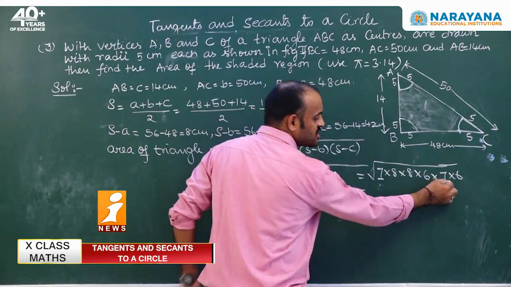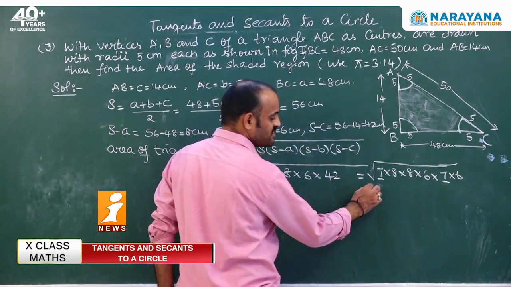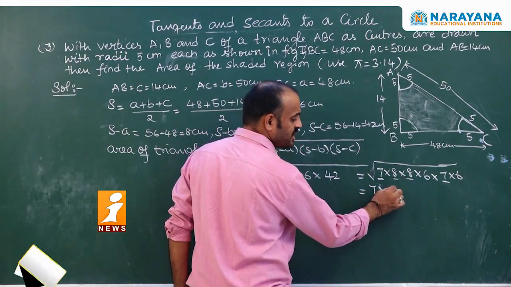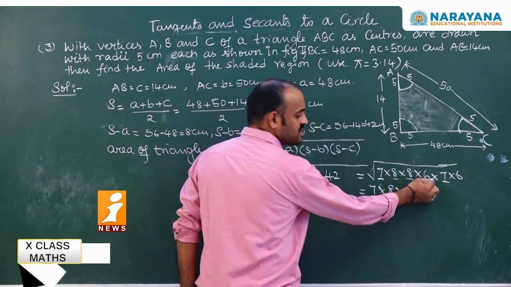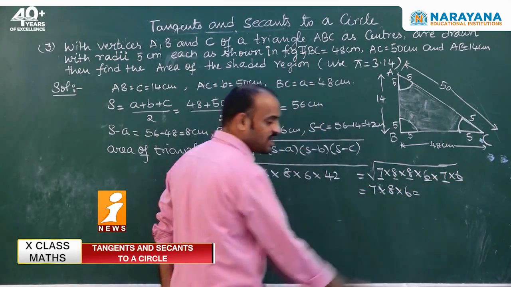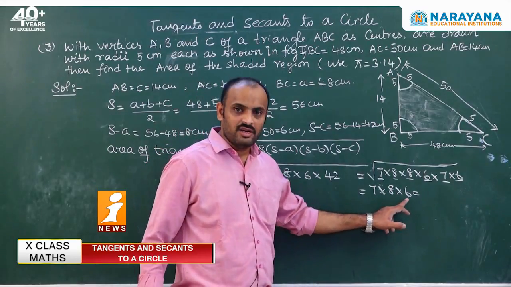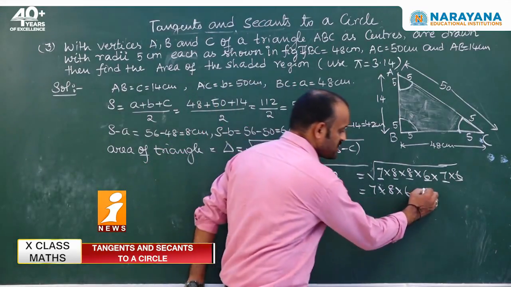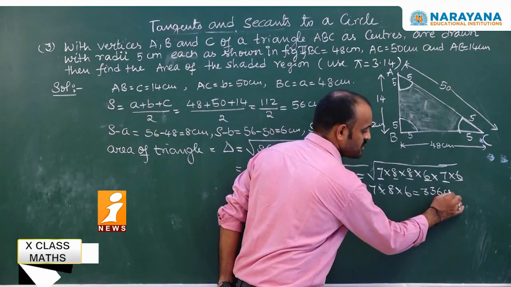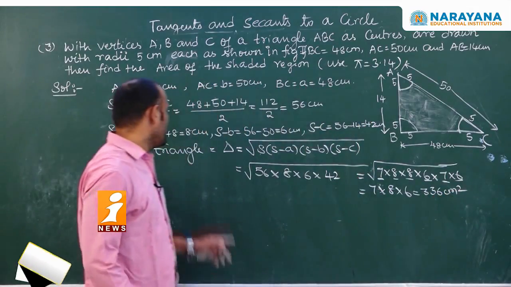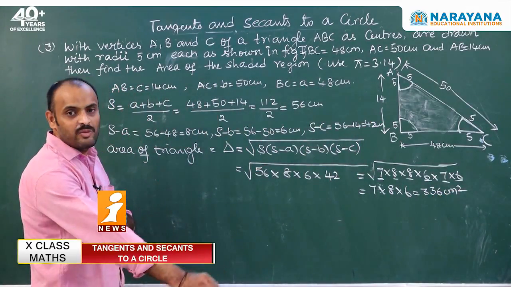See, 7 is present in pairs, therefore one 7 will come out. 8 is present in pairs, one 8 will come out. 6 is present in pairs, one 6 will come out. 6 eights are 48, 48 into 7 is 336. Therefore, area of triangle is 336 centimeter square.